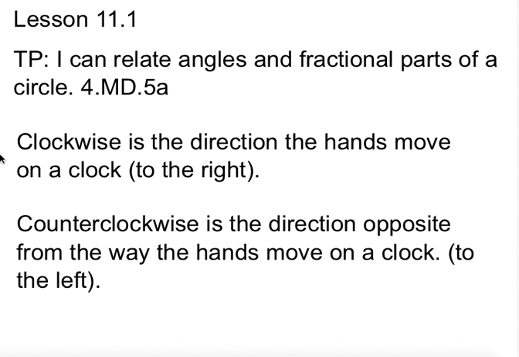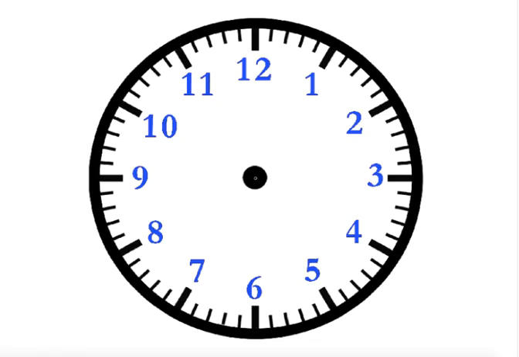So I'm going to show you what counterclockwise and clockwise mean, and then we're going to talk about some fractional parts of the circle, which we're going to call turns. Okay, so first we're going to look at a clock, and we should know that on a clock we can look at it as a fraction of a circle, and we just happen to use a clock because there's hands on a clock to help us relate to angles or turns, right?